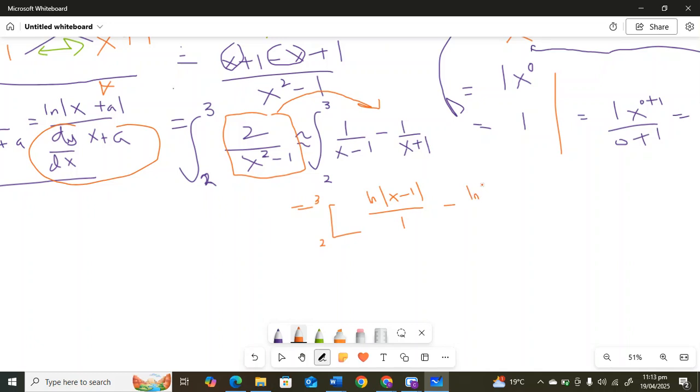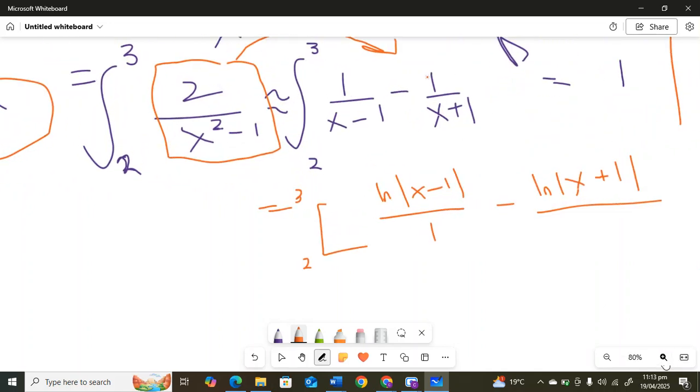Okay. I can imagine the confusion you are in. What's happening? Okay, no, at least we are back on track. So this 1 over x plus 1, when you integrate, natural log of x plus 1.